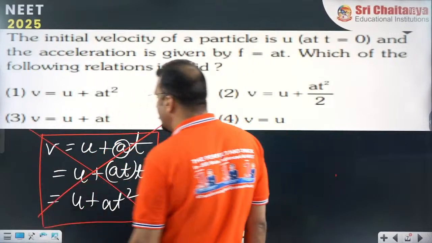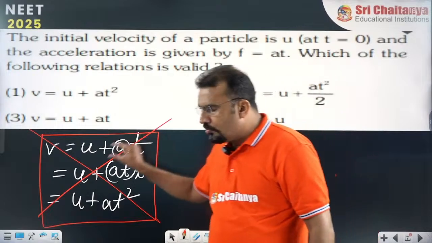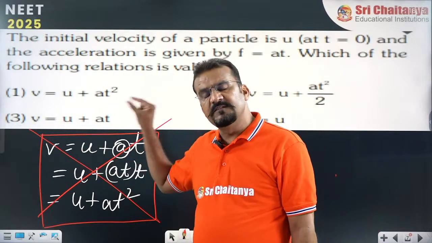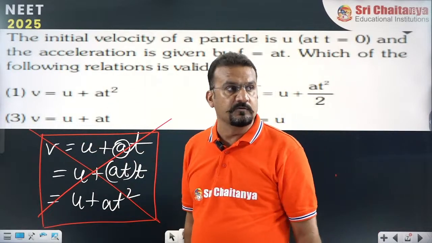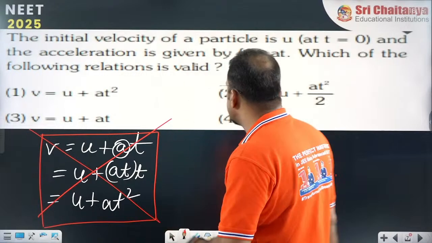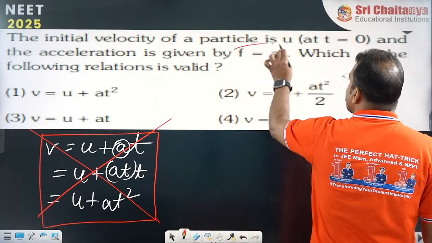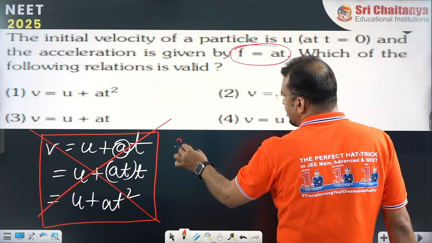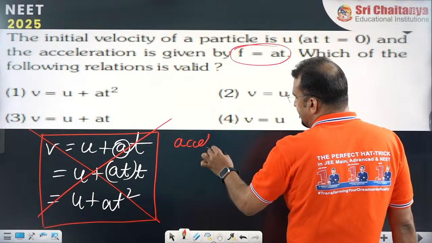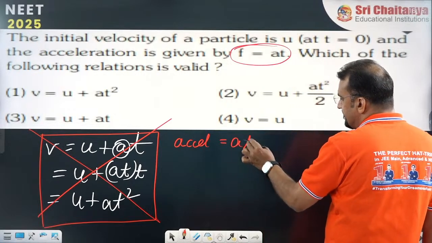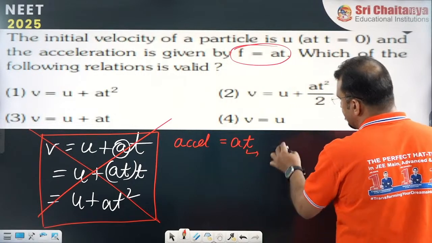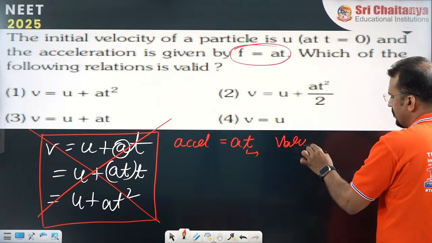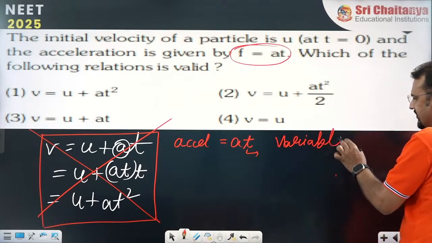The reason is that students should know that we can't apply the equations directly in these types of questions. Sir, why can't we apply the equations? Because acceleration is at, which means acceleration equal to a into t is time dependent. Time dependent means it's not constant; it is variable.